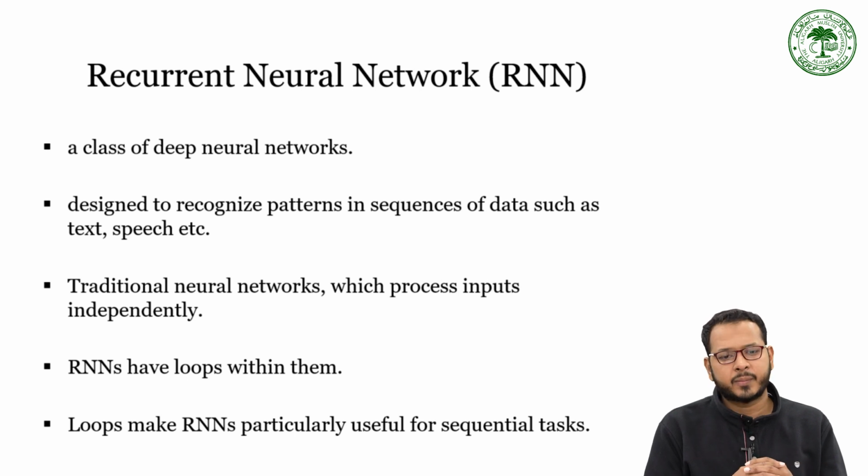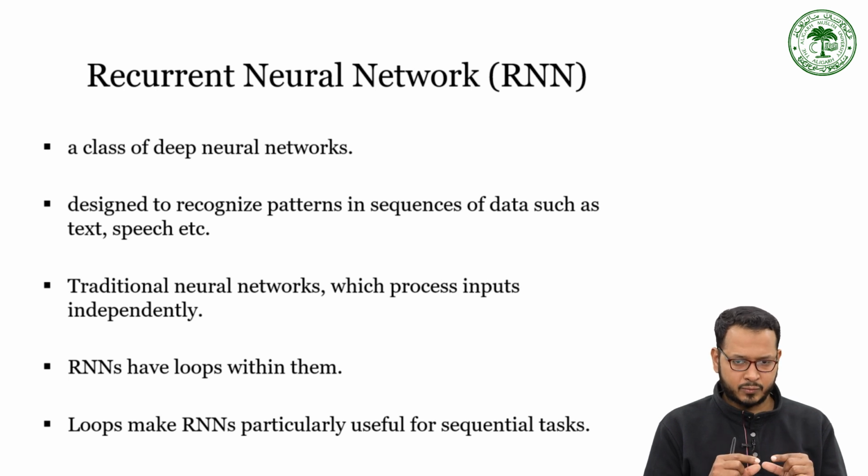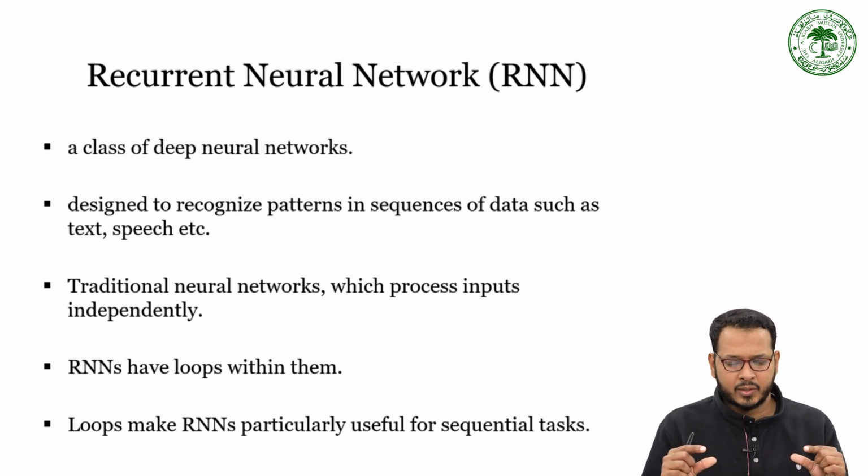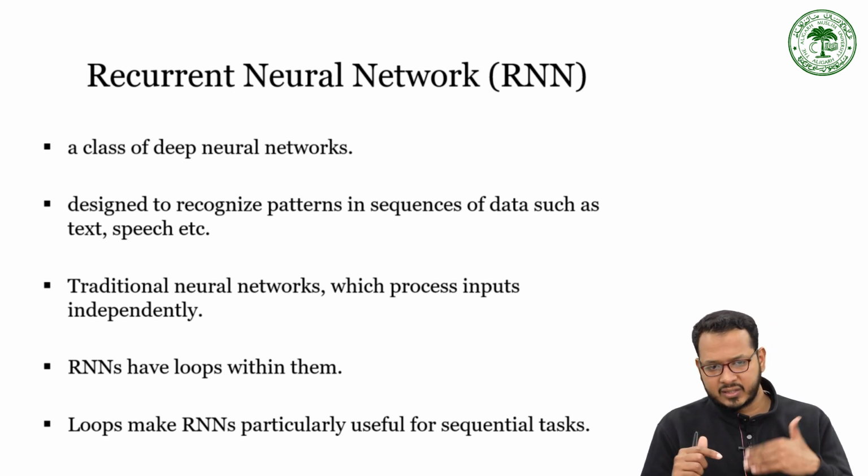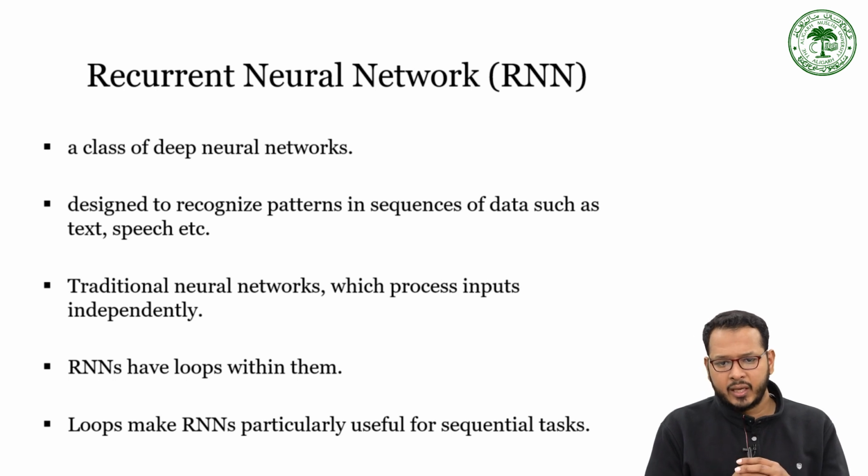Now, these deep learning algorithms are commonly used for tasks such as language translation, speech recognition, and image captioning, where you have been given an image and you have to generate a corresponding text which describes the image. They have been incorporated in many popular applications, like Siri, voice search, and Google Translate.